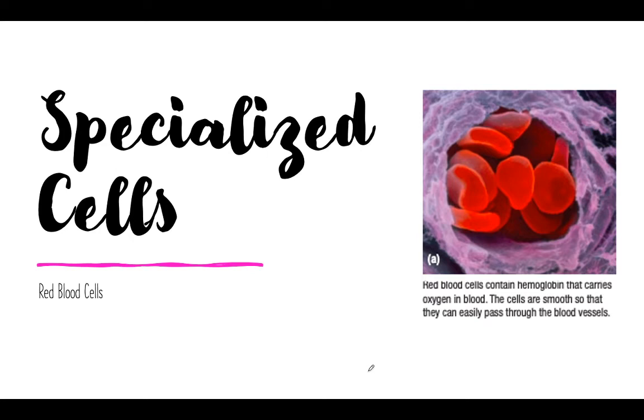These cells are smooth, so they can easily pass through the blood vessels. Their shape is sort of like a little cave, if you will. That structure is specifically for hemoglobin so that it can bind to the oxygen very specifically.